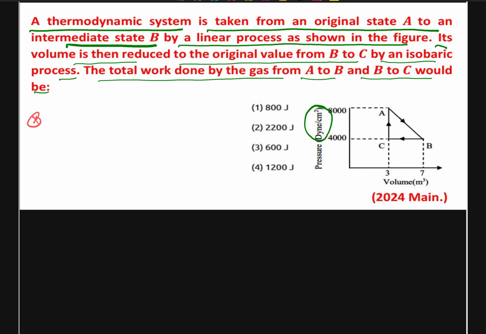So we can see the work done, which is W, is equal to P times delta V, or we can also say it as the area under the PV curve.